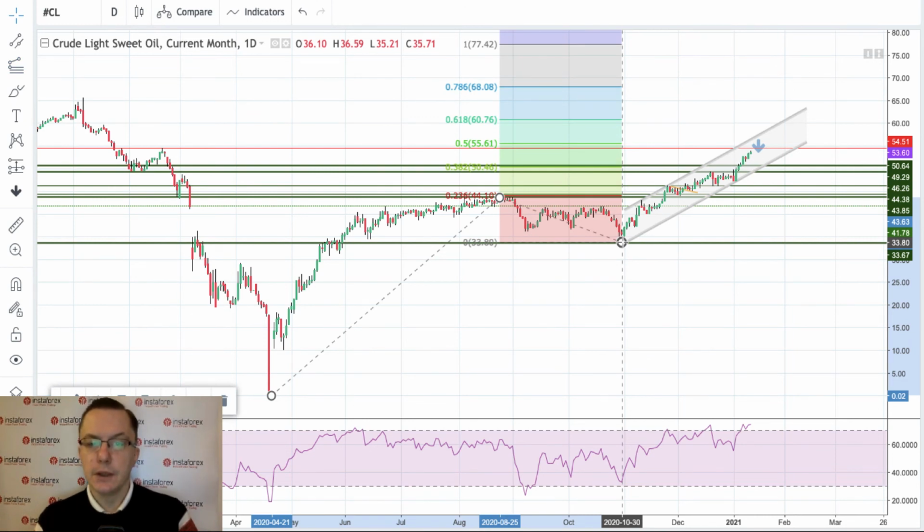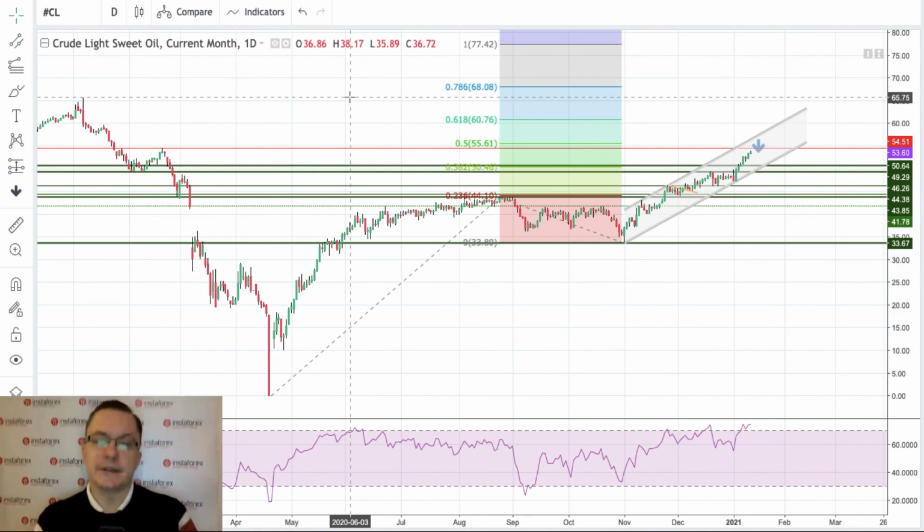As you can see, the 50% of the extension is somewhere at 55.61, but 100 percent of the extension of this rally from the low of the 20th of April to the highs of the 26th of August is at 77.42. So that's our technical target if 65.63 is violated, so the high of 2020.